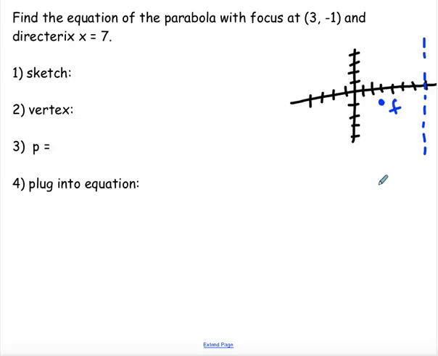Okay, now this should help us identify which way it's opening. Your directrix is vertical, so that means it's opening either left or right. And it has to eat the focus. So this needs to be opening left. But we have to figure out where the vertex is going to be.